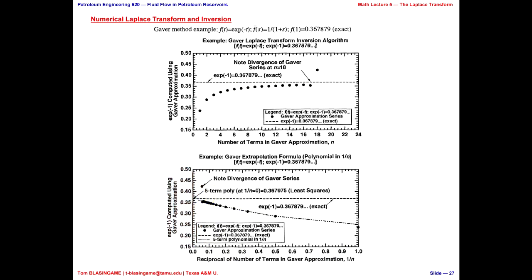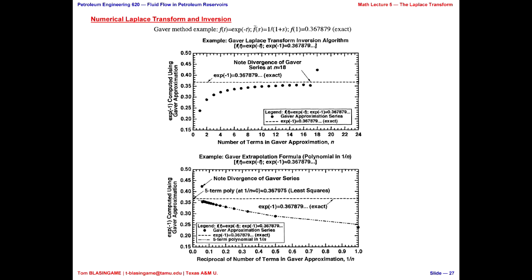And this is exactly what Gaver proposed. Okay? Then you fit that with something and you extrapolate to 1 over infinity or 0, and there's your answer. Great idea, right? It didn't work very well.